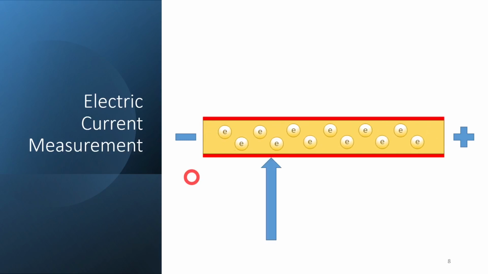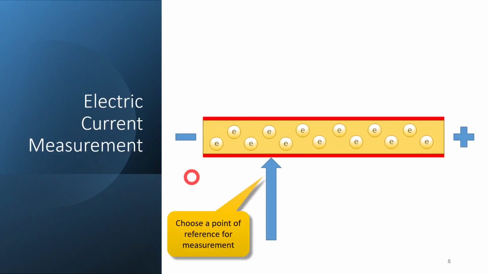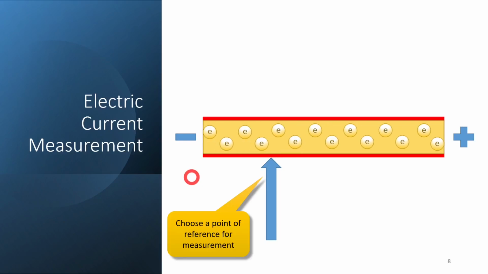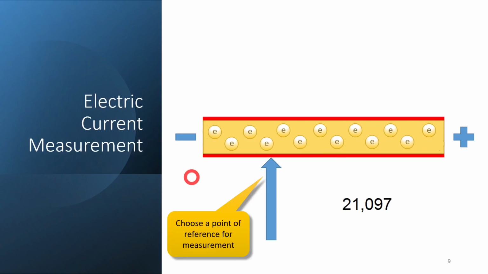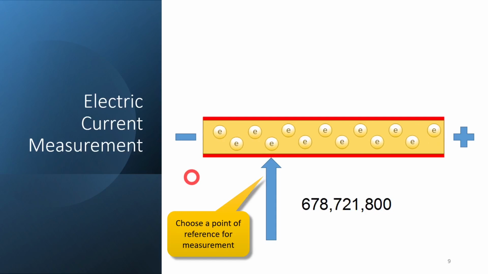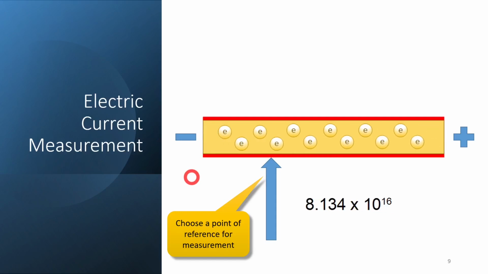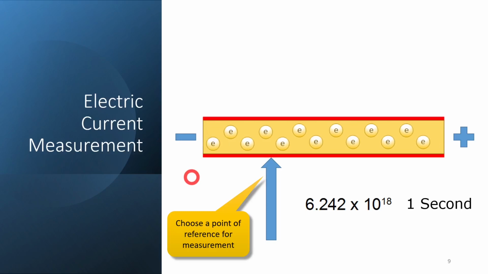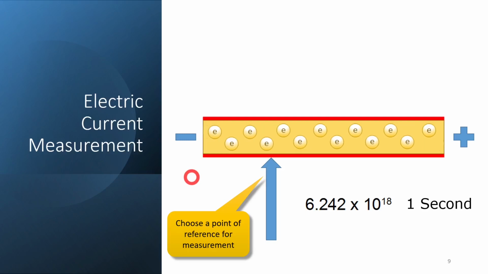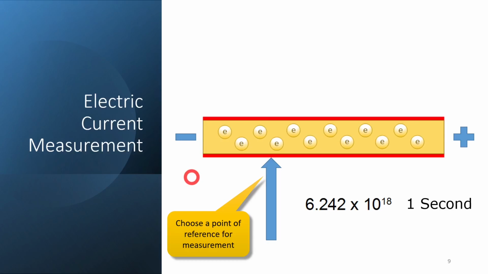But if I just pick a point on the wire and I count electrons as they go by, and I'm also denoting the time in which I am counting these, and if I have a certain amount go by in a certain amount of time, I can calculate the current flow that happens in that wire. So let's look at how we do that.